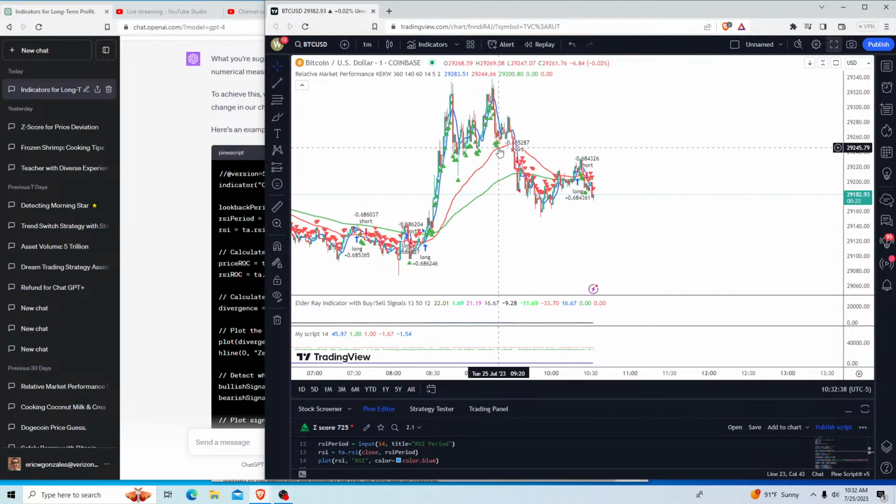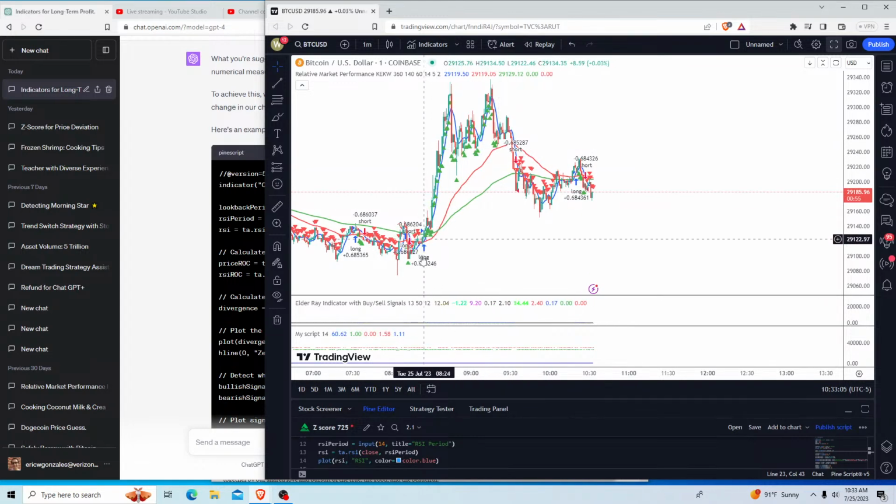So that's a divergence, right? Let me just write this down. A divergence is when price does a parabola, with, you know, growing velocity.